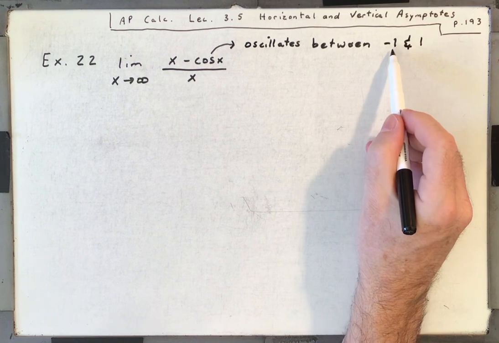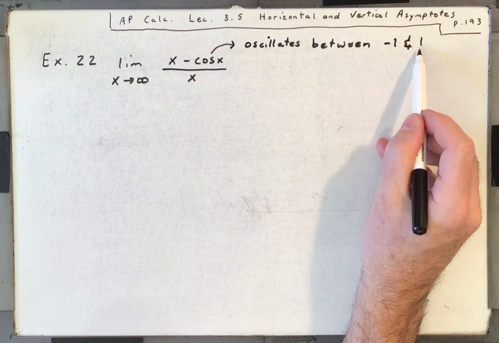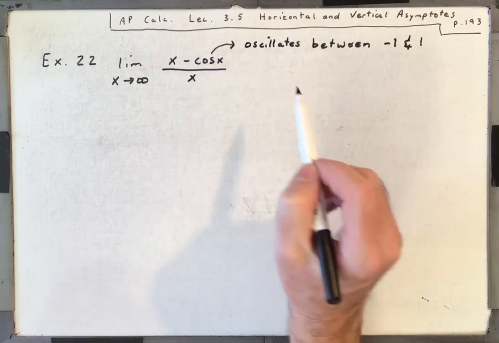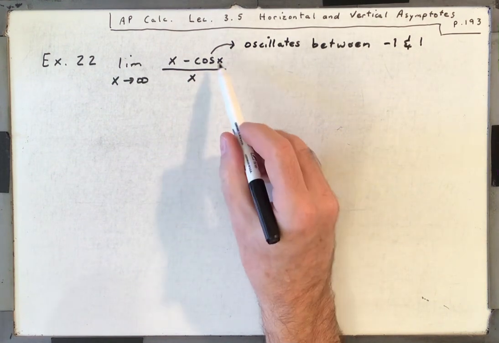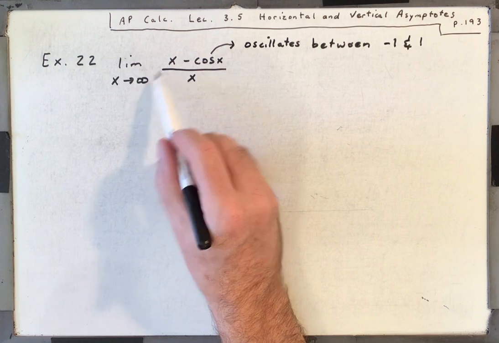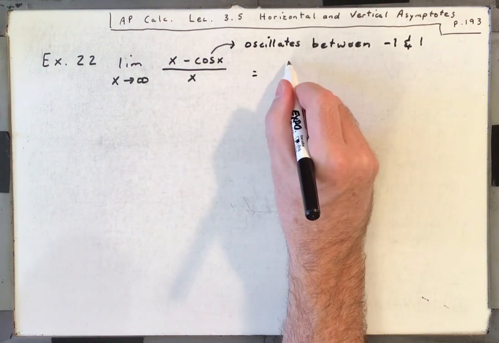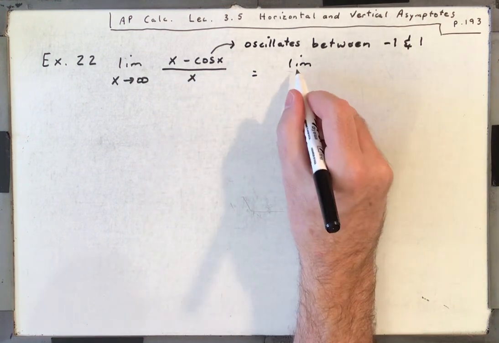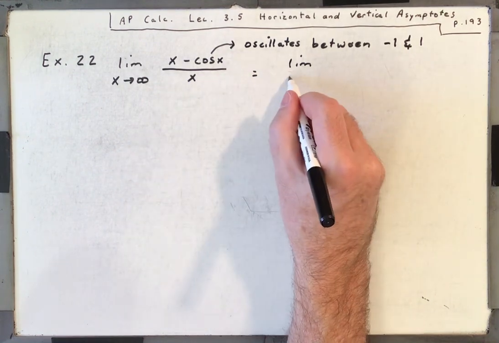The smallest it'll be is -1. The largest it'll be is 1. So really we can just completely discount the cosine x because 1 and -1 don't compare to infinity. The cosine x is kind of like one of those extraneous variables that's a smaller power.